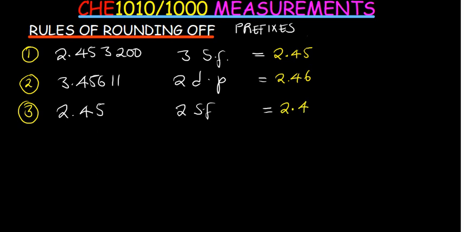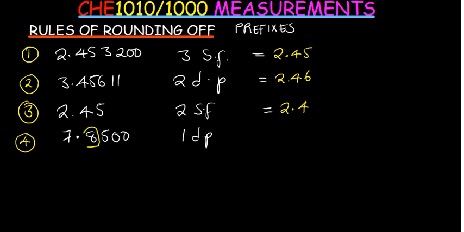And same when we had, let's say, 7.8500. We want to round this off to one decimal place. Look at where the decimal place is. So we just want to have one number here.